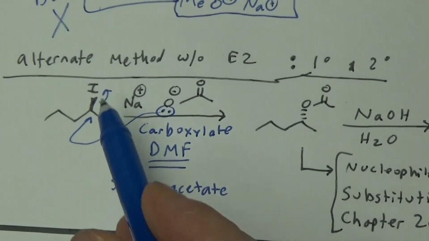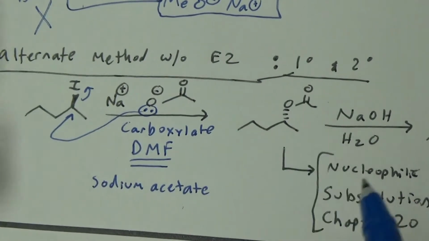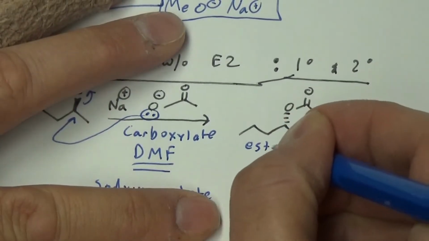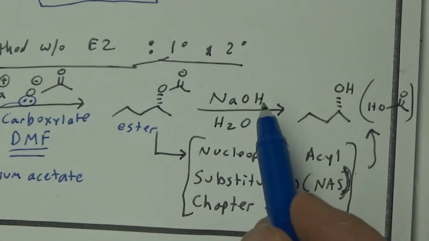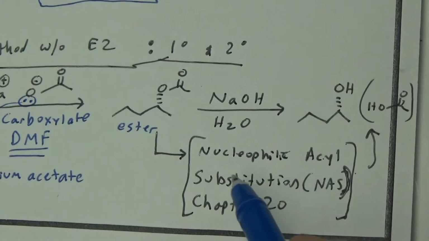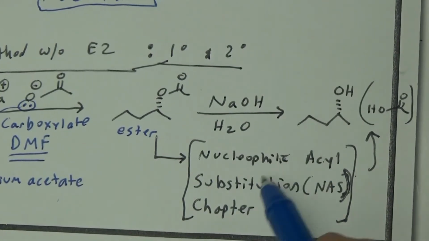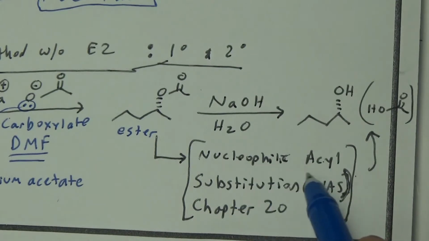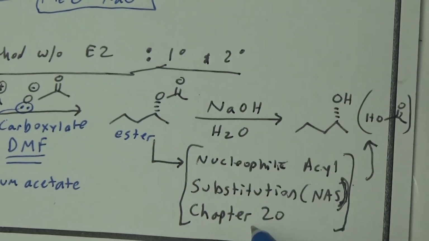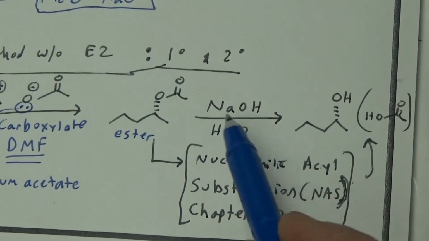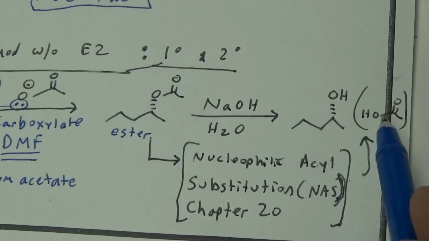But it's just a very simple SN2. It kicks off the iodide, and then you're left with an ester. And then we're cleaving the ester. We cleave the ester with sodium hydroxide, not via SN2. So there's no elimination. All the elimination business is gone. And this is called nucleophilic acyl substitution, or NAS. It's an organic 2 reaction, but we can use it without knowing about the mechanism. You'll learn about the mechanism in organic 2. All right?